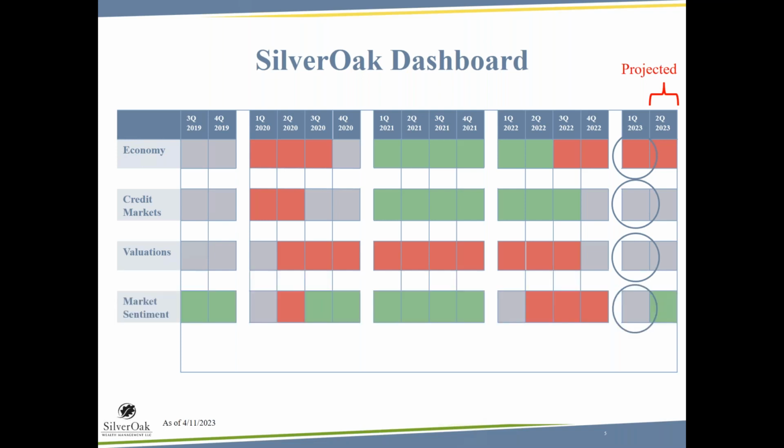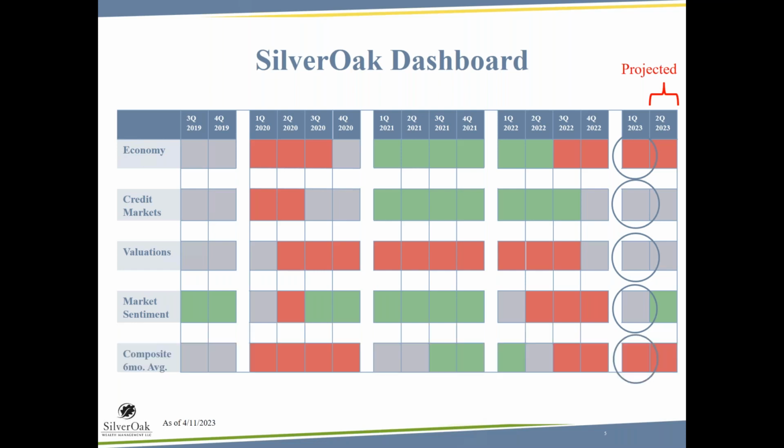But market sentiment, that has actually picked up a bit and went from negative to neutral, and very well could, if the trajectory continues, shift more positive in the next quarter. But overall, the assessment of the composite and the dashboard still is a negative, and we project that to be the case next quarter.